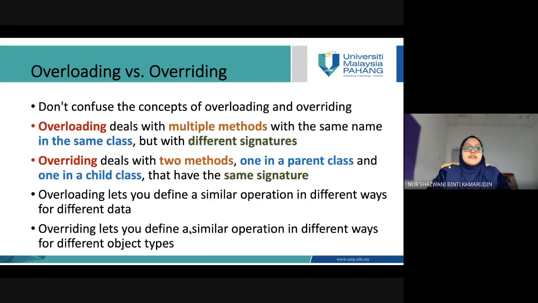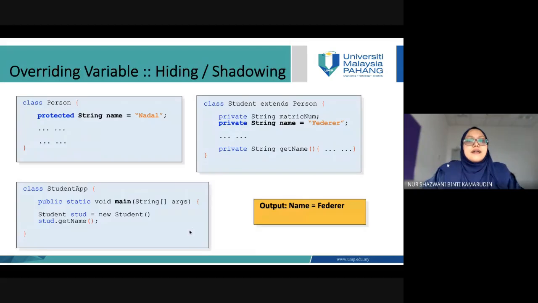Now this is an example of how hiding or shadowing works in these classes. We have class Person as the parent, and we define name as Nadal here. Then we have the other class, which is the Student class, and we define name here as a private String name Federer.